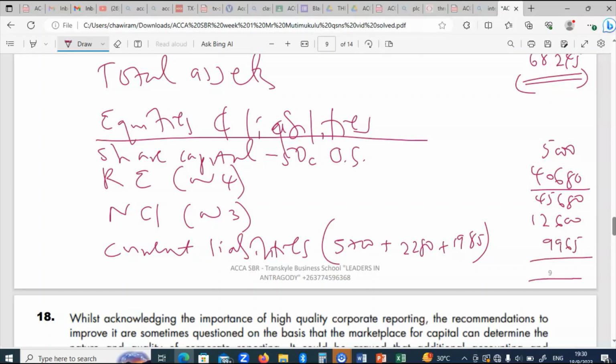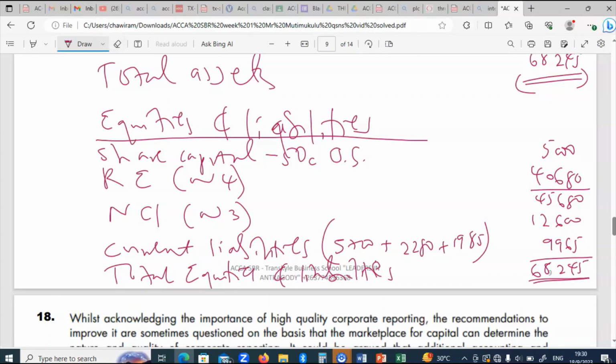Then we add to come up with the full total for the total equity and liabilities. And this should be 68,245.